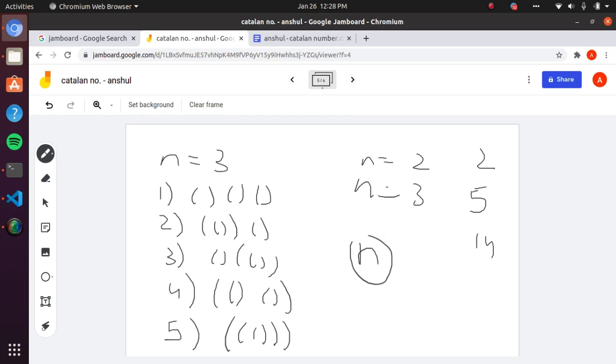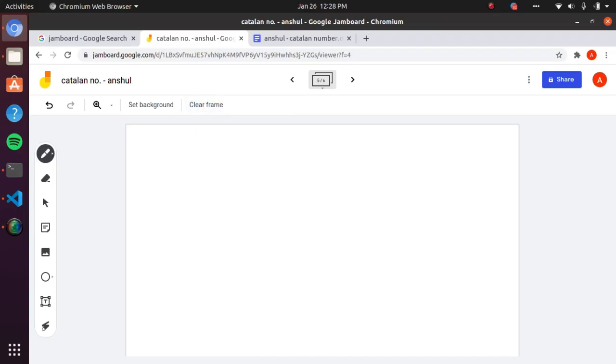So let's now discuss the relation between the Catalan numbers. C0 is 1, so let's make that our base case. What is C1? It is C0 into C0. Why I have written it, we will come to in a second.